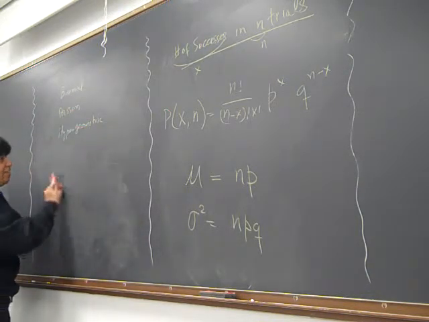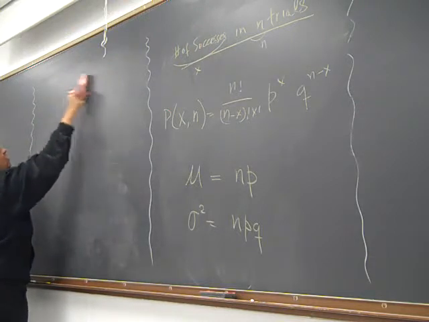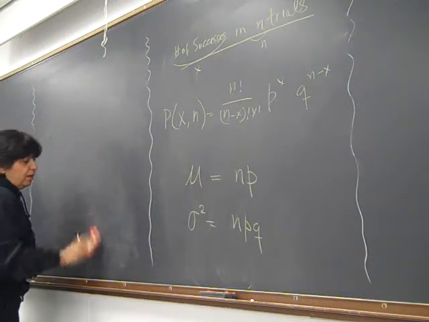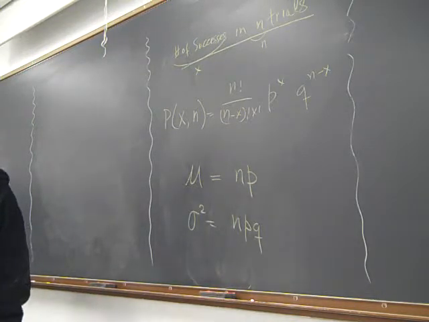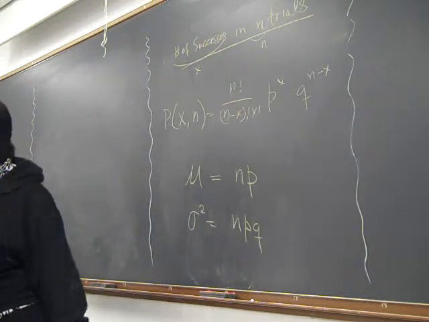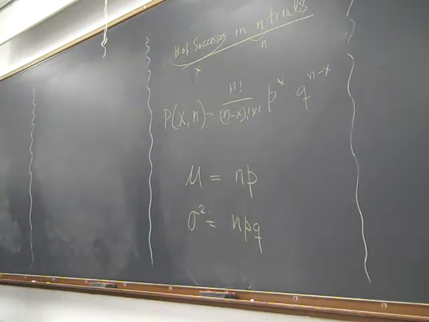Whenever I teach the binomial distribution, I give this example. Let's say that I'm going to be on a hunting trip this weekend. And all of a sudden, in the forest, I see a bear.